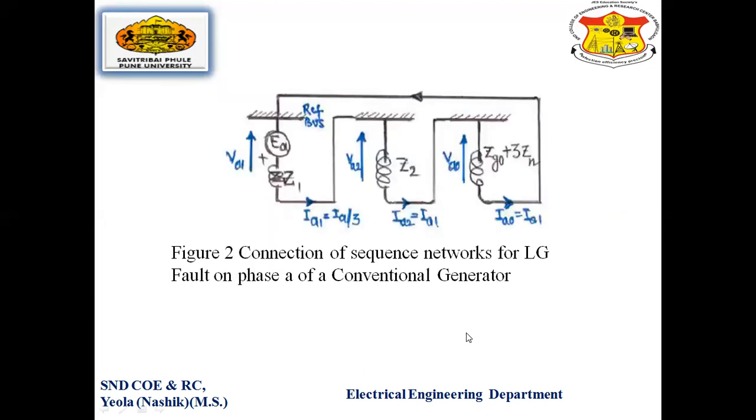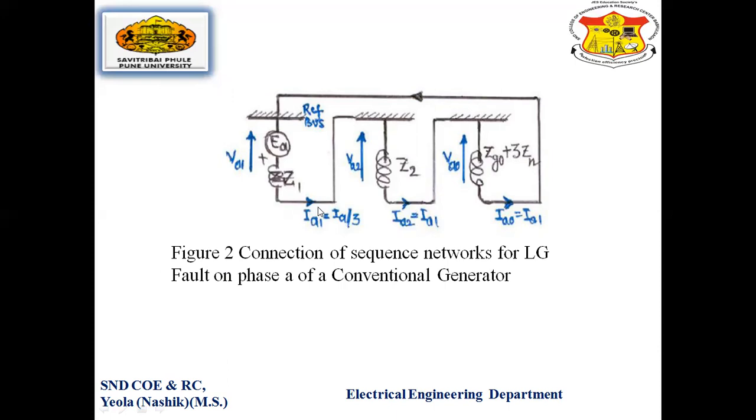Okay, so figure 2 shows the connection of the sequence networks for the LG fault on phase A of a conventional generator. When the fault is created at phase A of the generator, we connect all the sequence networks: the positive sequence network, the negative sequence network, and the zero sequence network.